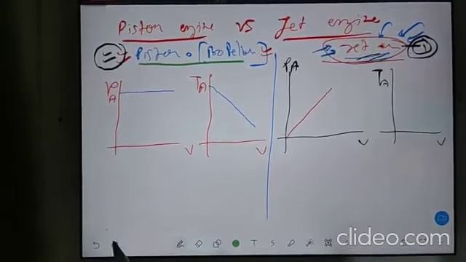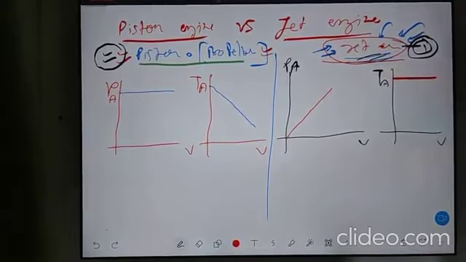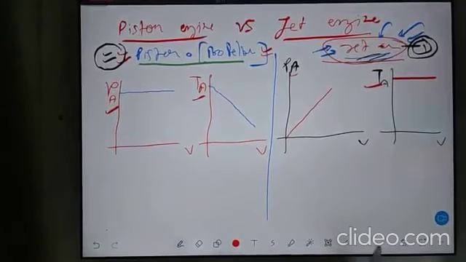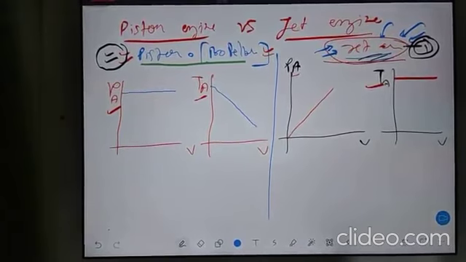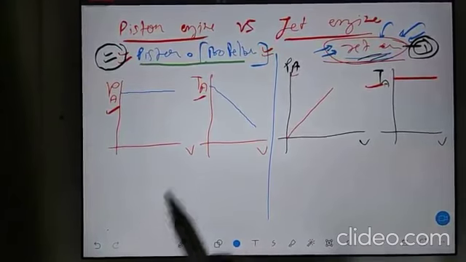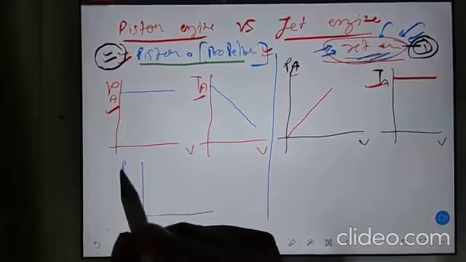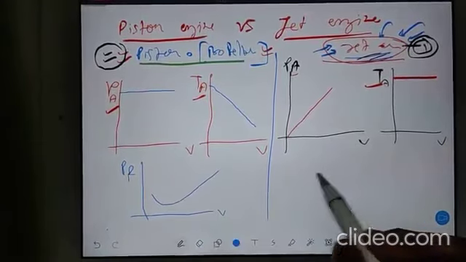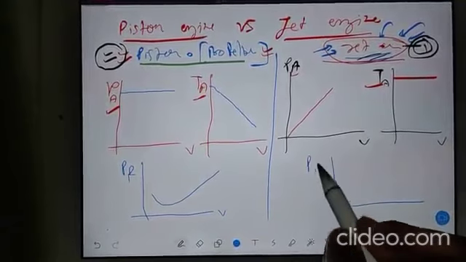Now see, here we have only discussed availability. We have not discussed requirement, I mean the power required, or you can say thrust required. I am going to talk only about power required. In both cases, either the piston engine or the jet engine, your power required has this kind of graph.